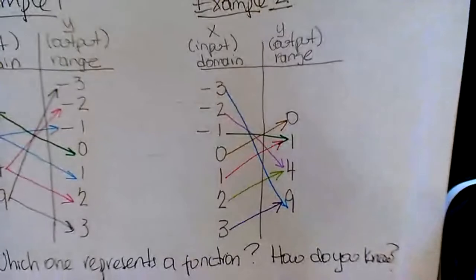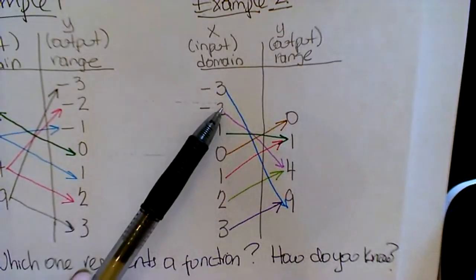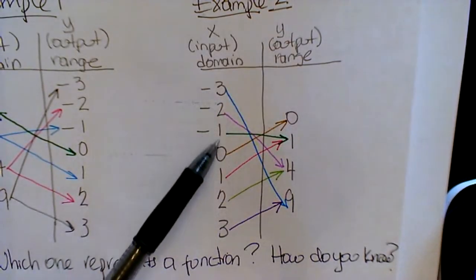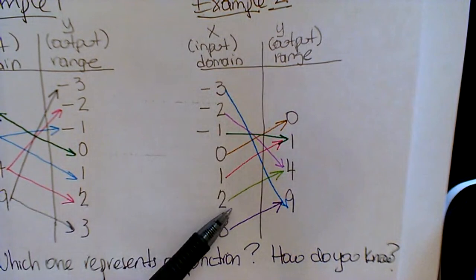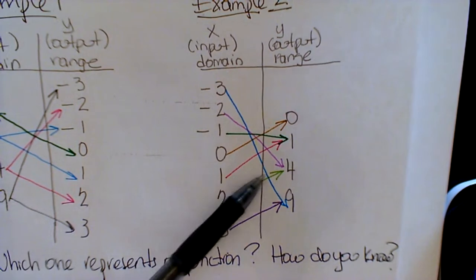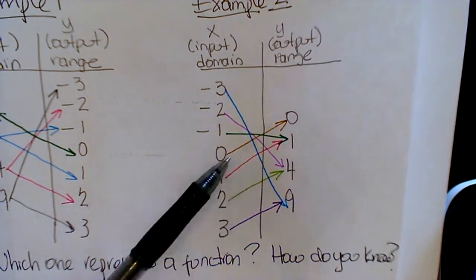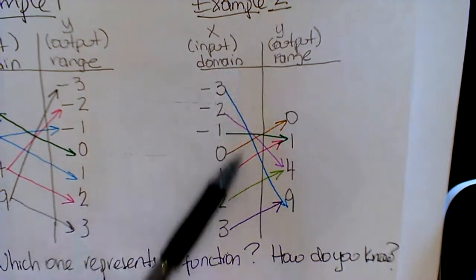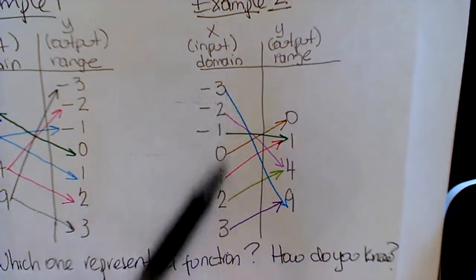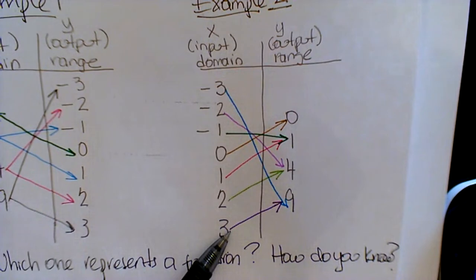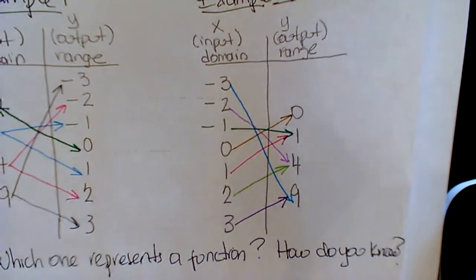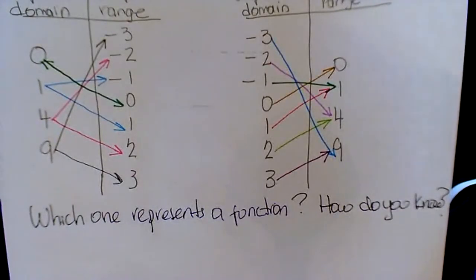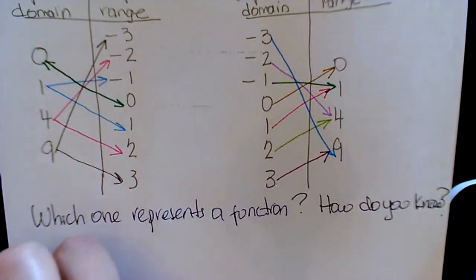Let's look at this one. Does every element of the domain, the input, correspond to exactly one element of the range? Yes. There's only one line coming out of every single number in the input, if you want to look at it that way. So example number 2 is the answer.